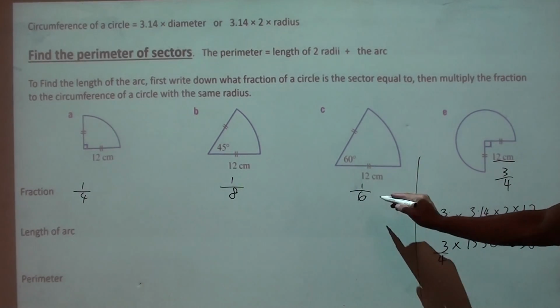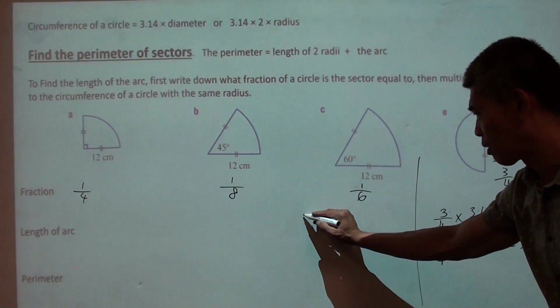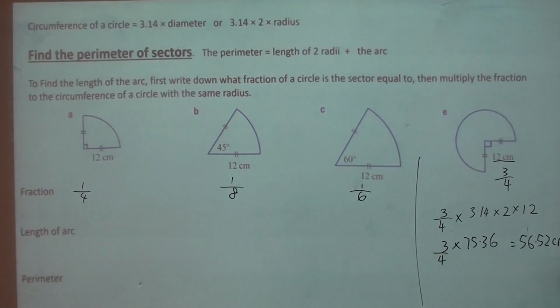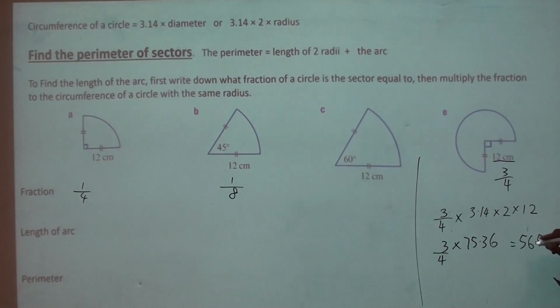Over here we have another sector. In this case, the fraction is 1/6. So we're going to take... I forgot to add these in. So we have not finished with this section over here. We have only found the arc. We're just going to add in the two radii over here.